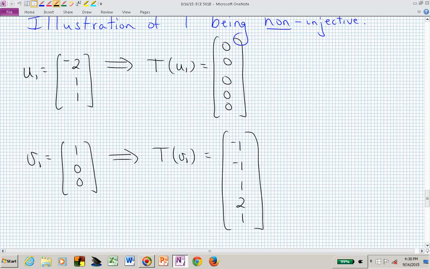The other part of this example was trivial. All I had to do was find a vector that wasn't in the null space and pick it. The easiest one for me to pick was 1, 0, 0. You could have picked 0, 1, 0. They would both give you a different result, but once you obtain that result for V1, it would be equivalent to the same destination with V1 plus U1.